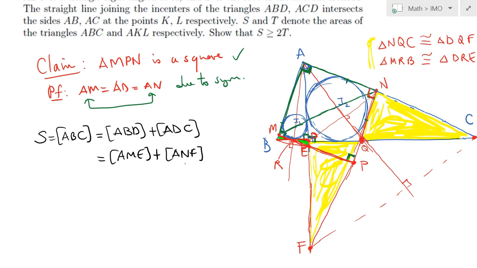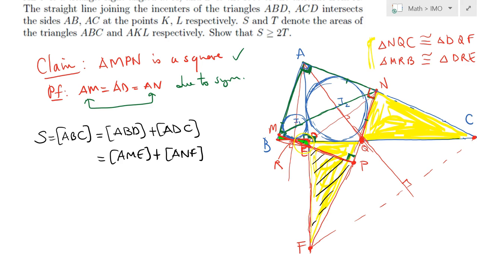But now this is beautiful because we have the following thing. This gives us an area which is larger than the area of the square by this portion. Do you guys agree?